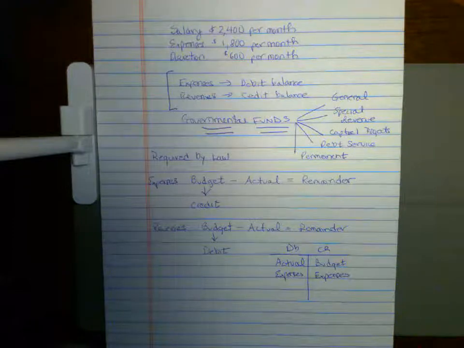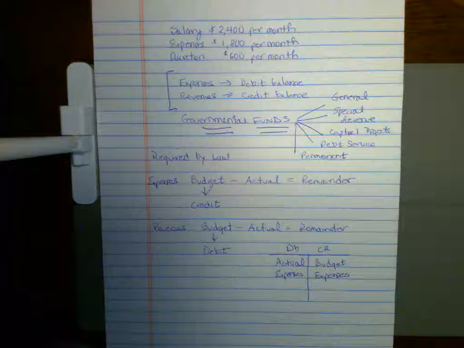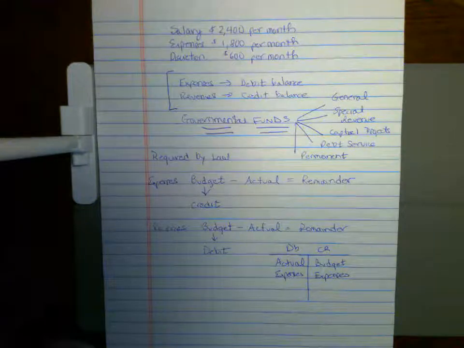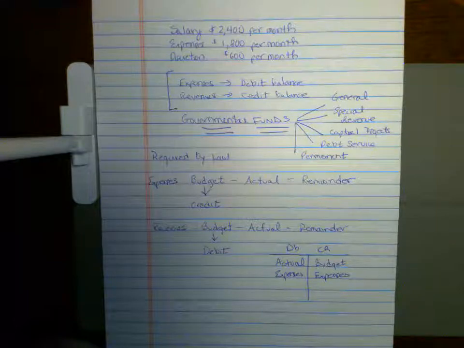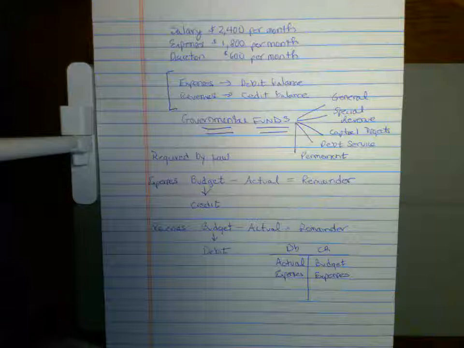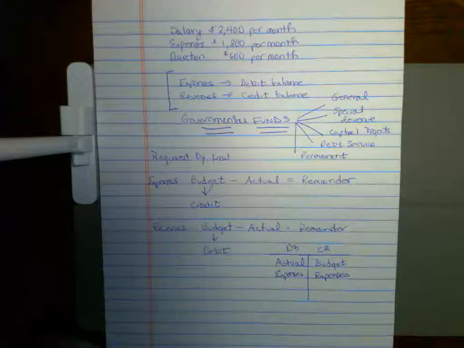If it is passed by all the legislative bodies that are supposed to vote on it, then it goes again to the executive level office, governor, mayor, for final approval. And then, of course, it becomes a law or an ordinance at that point.